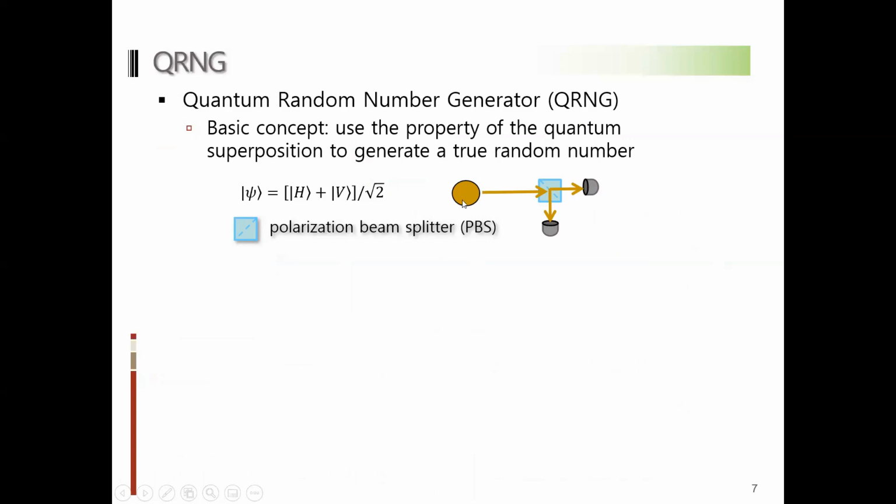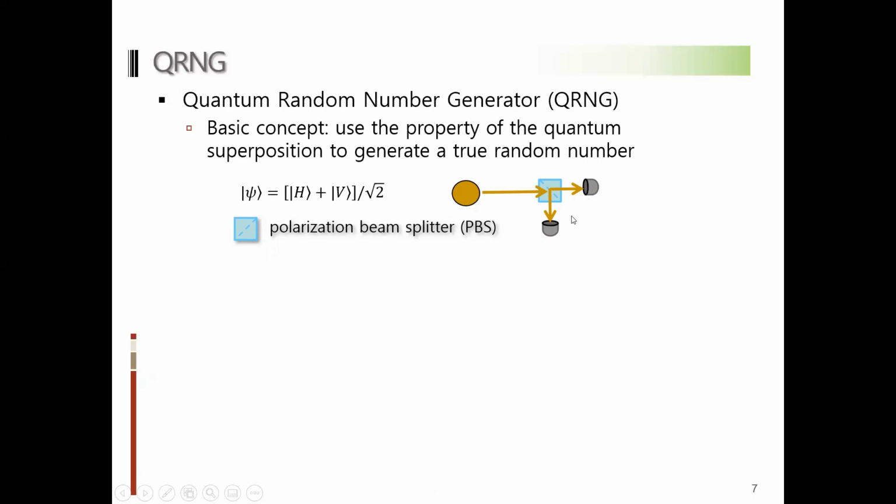The simplest implementation is to start with a polarization which is a superposition of H and V. If you measure this polarization using the HV basis, then with 50% probability this photon will be either transmitted or reflected, and the choice between these two is completely random.